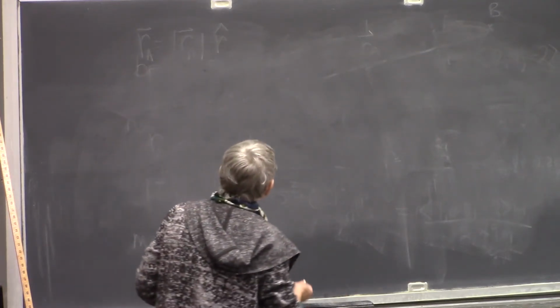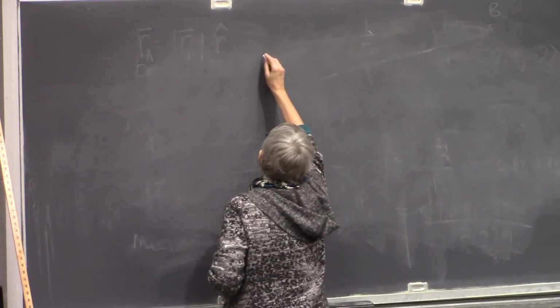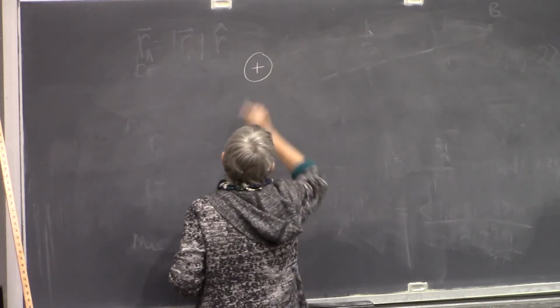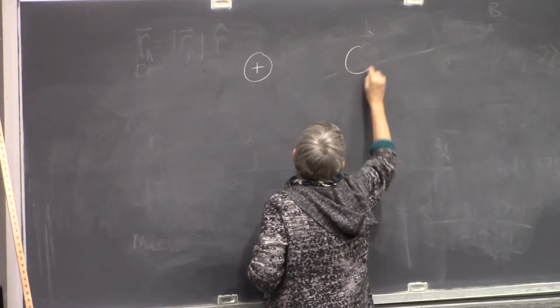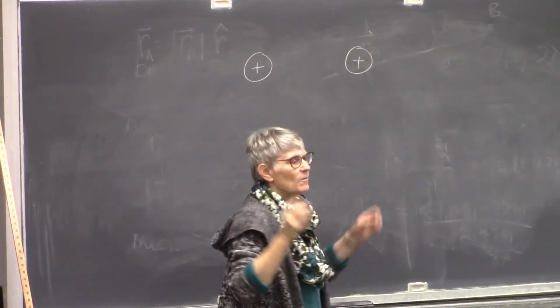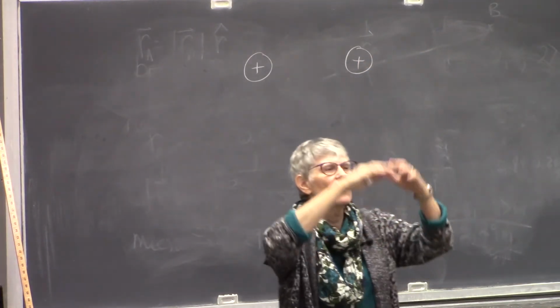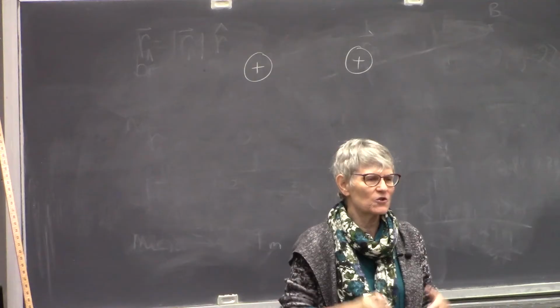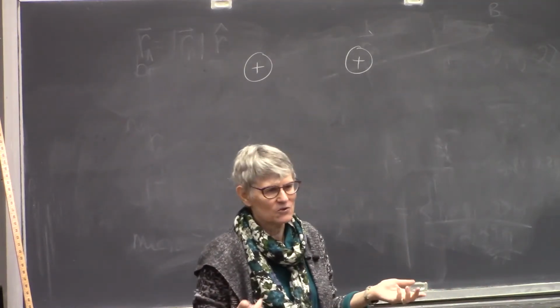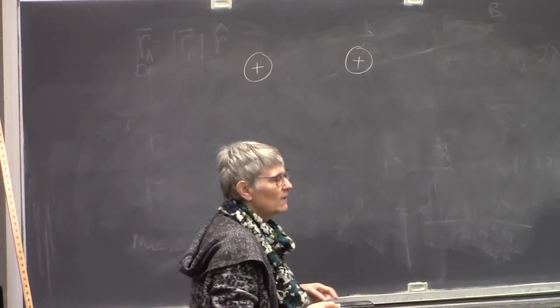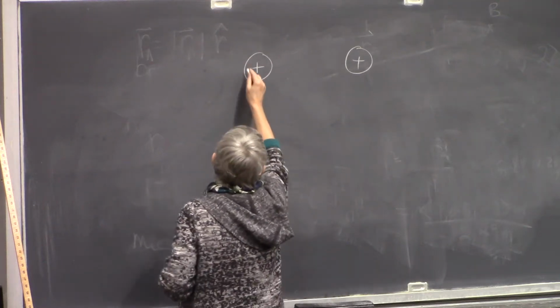But the basic idea is that particles that are charged positive, or macroscopic objects that have more positively charged particles than negatively charged particles in or on them, actually repel each other.